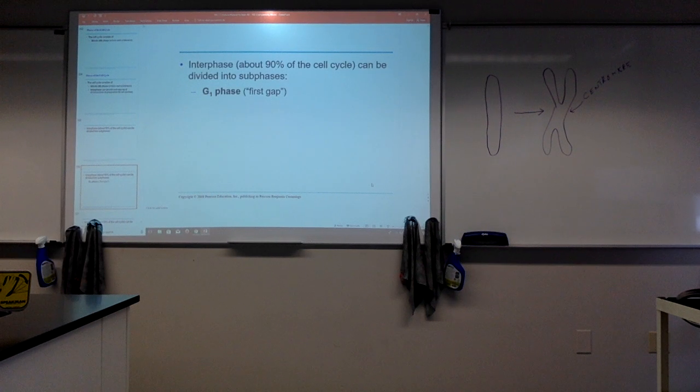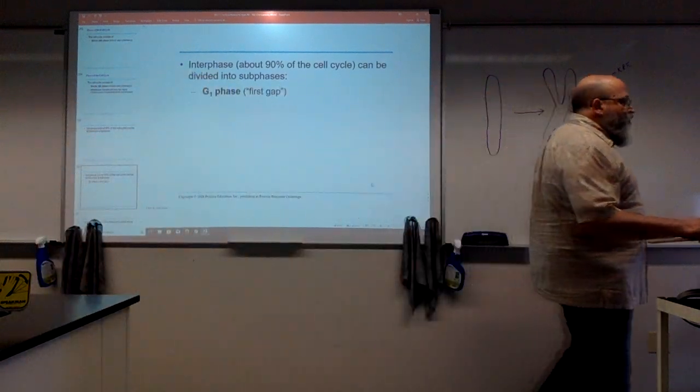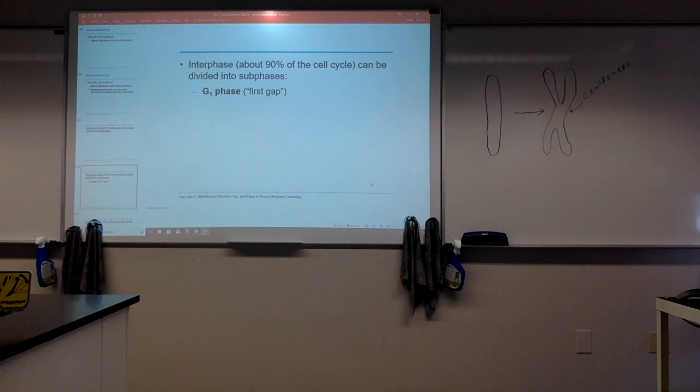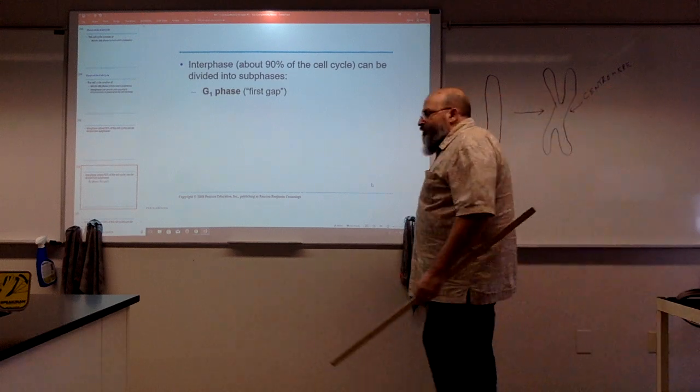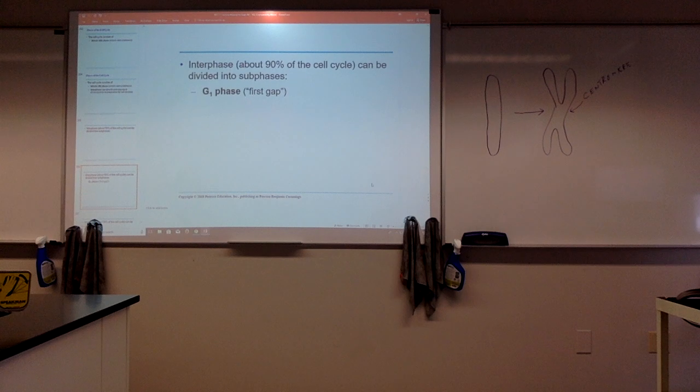Organelles are produced, and mitochondria and chloroplasts divide. Right? Proteins are synthesized, organelles are produced, mitochondria and chloroplasts divide.